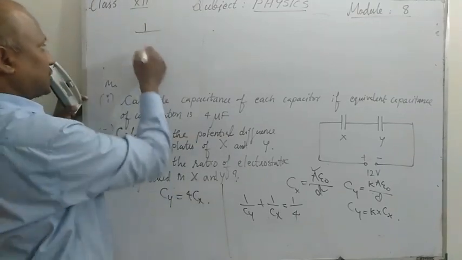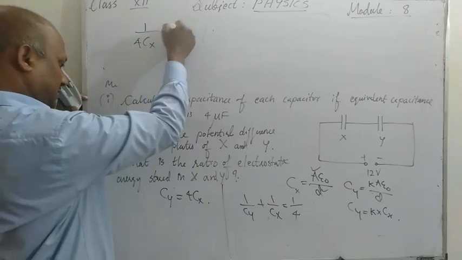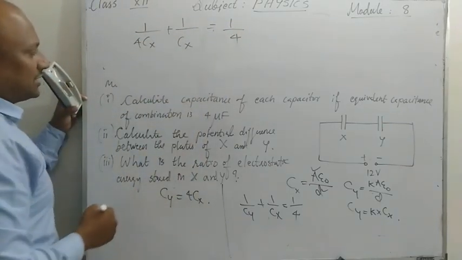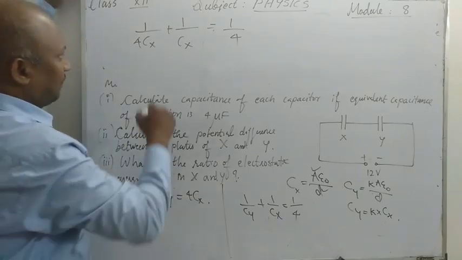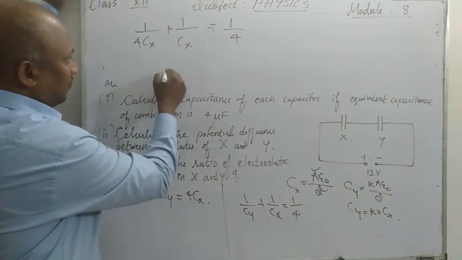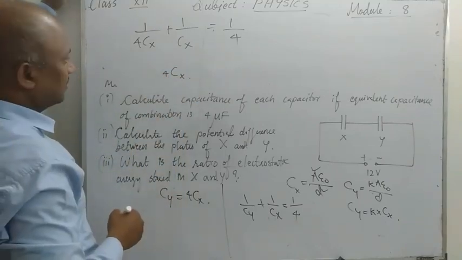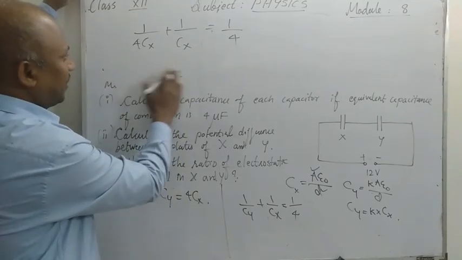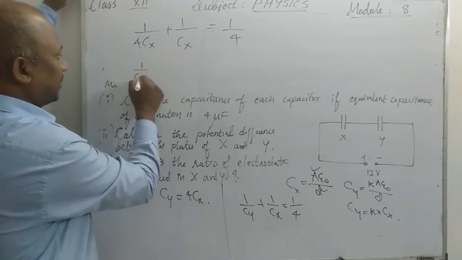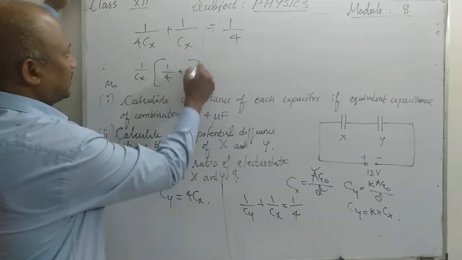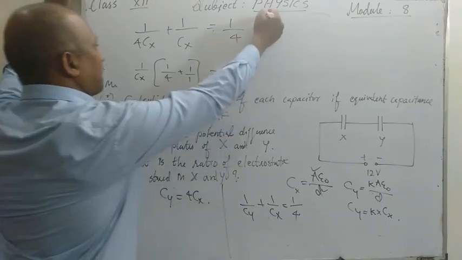Cy is equal to 4Cx, so 1 upon 4Cx plus 1 upon Cx is equal to 1 upon 4. So you take the LCM, or you can take 1 upon Cx to be common, and you'll get 1 upon Cx times (1 upon 4 plus 1 upon 1) is equal to 1 upon 4.